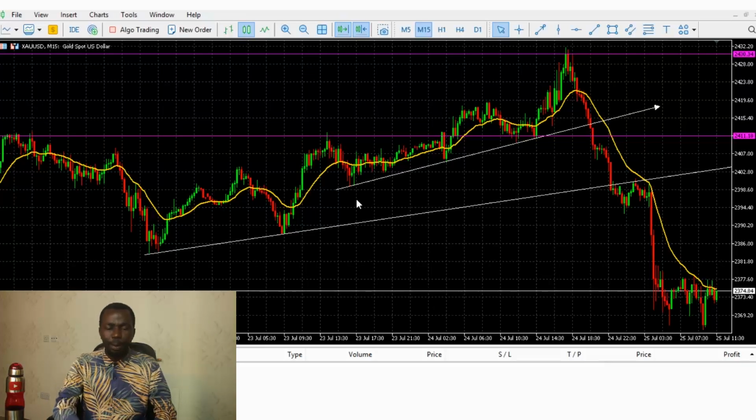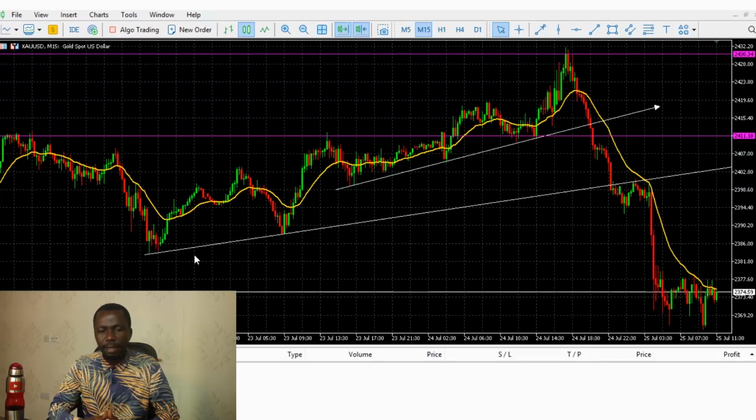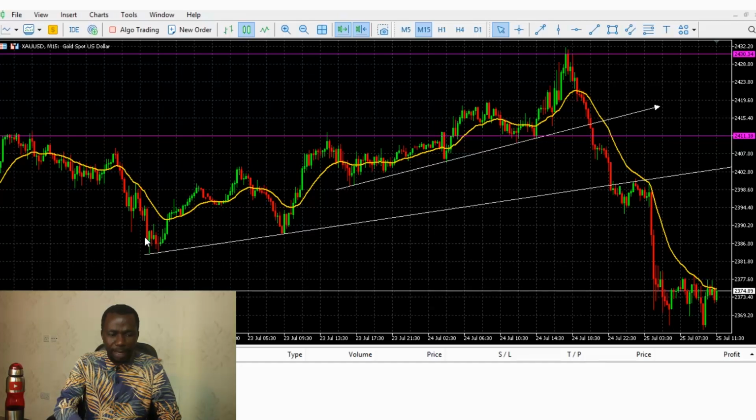If you look at the chart here, you will see that the market is currently going up from this point. What I normally do is plot out the moving average.